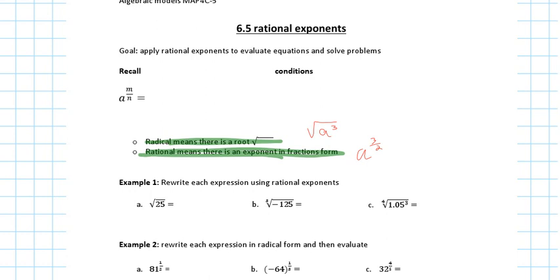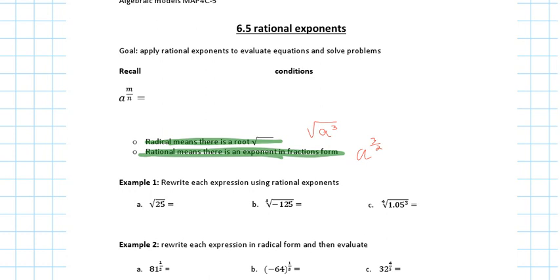So let's look at the conditions that we must have. All right, so what did we say that a to the power of m over n is? How can I write it in radical form?